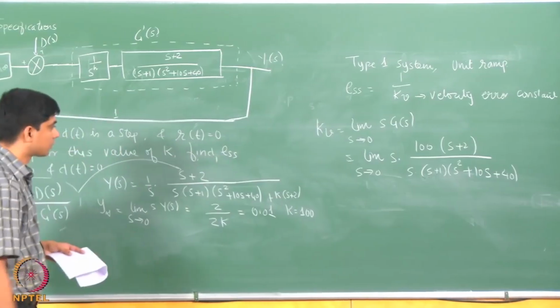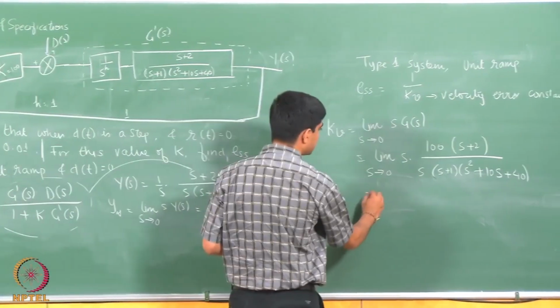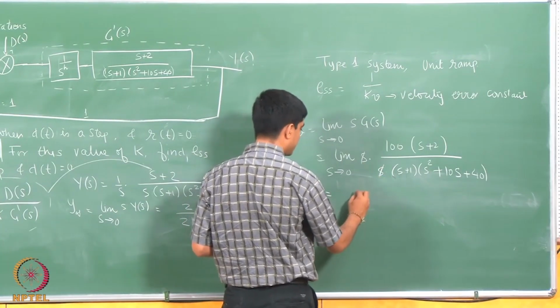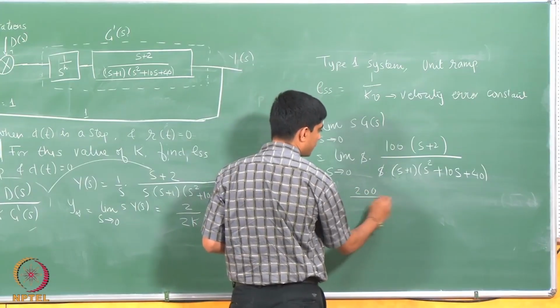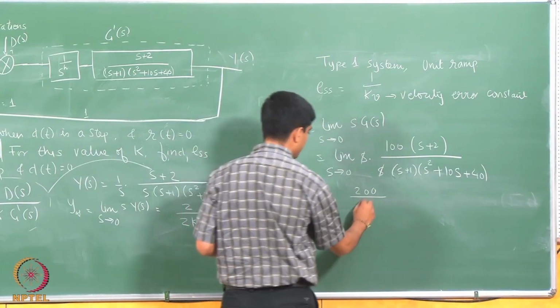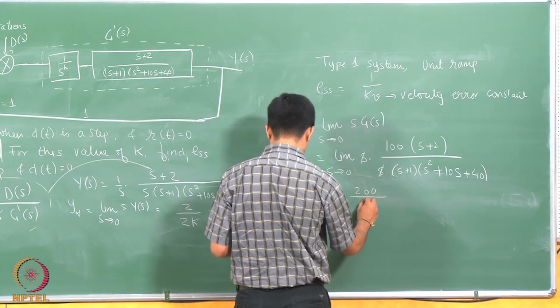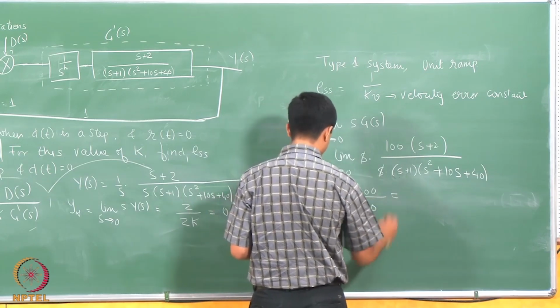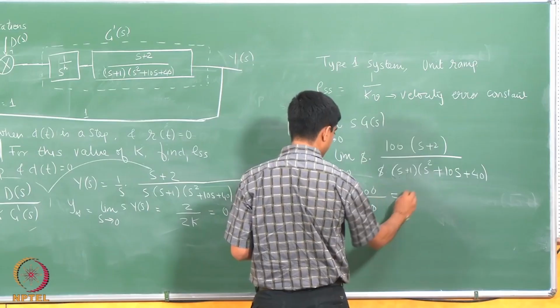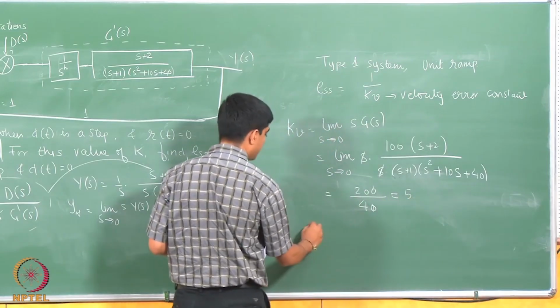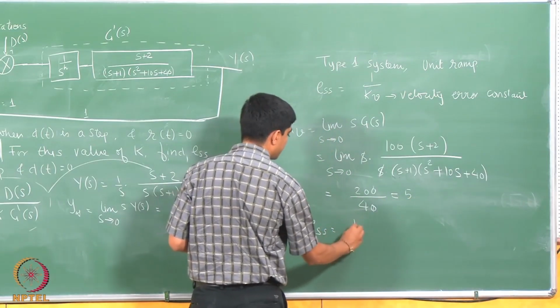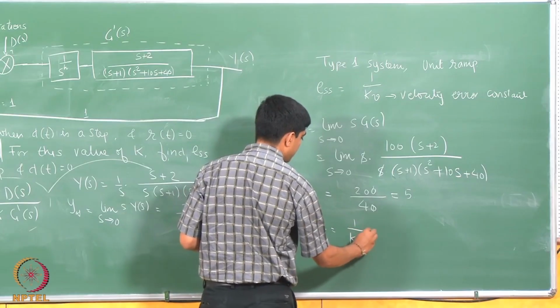So, this guy goes away, in the numerator I am left with 200 and in the denominator I am left with 40. So, this is my kV, which is 5, and ESS therefore is 1 over kV, which is 0.2.